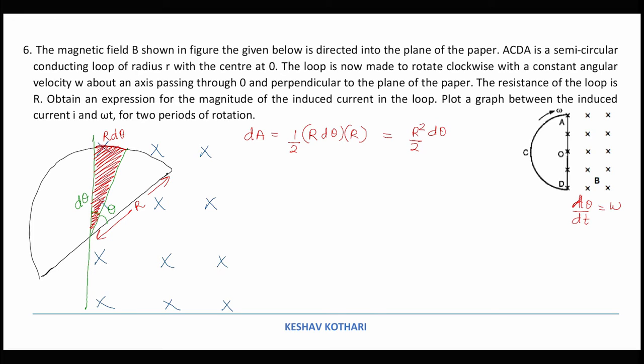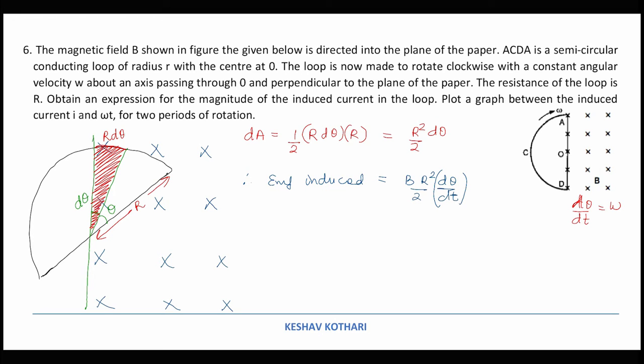So if the magnetic field is B, I can say that therefore the EMF induced is equal to B into A. So B into A is r square d theta by 2 by dt. The change in flux by time taken is what we have done, so d phi by dt.